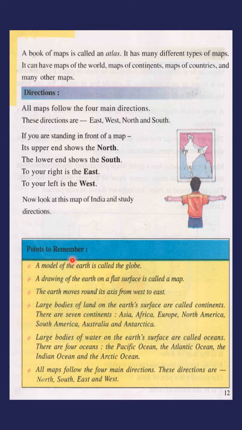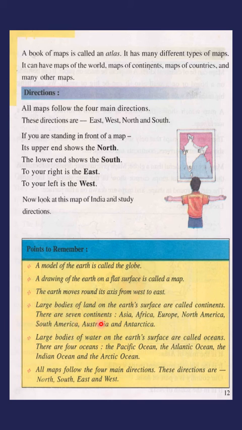Points to remember. A model of the earth is called the globe. A drawing of the earth on a flat surface is called a map. The earth moves round its axis from west to east. Large bodies of land on the earth's surface are called continents.